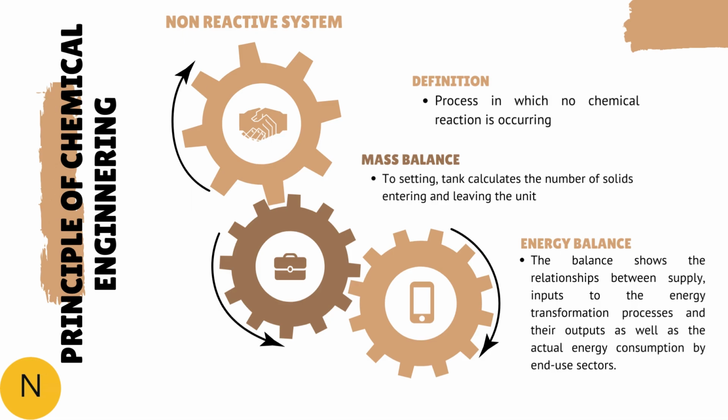From this project, what we have learned is that the non-reactive system is where no chemical reaction occurs, so the air contaminants emitted by the process are the same as those emitted by the raw material involved in the process, and no reaction by-products are produced. The second one, for the mass balance, it is considered for all the material in a process.